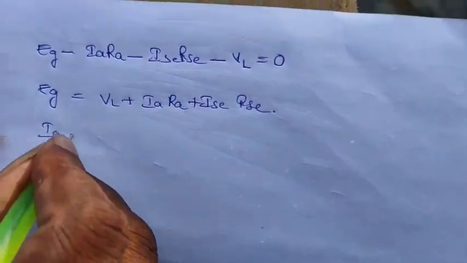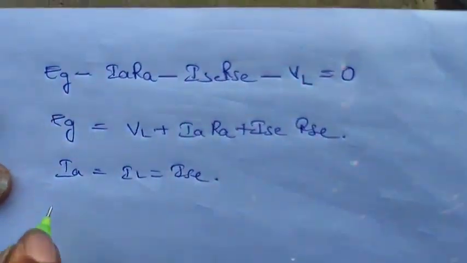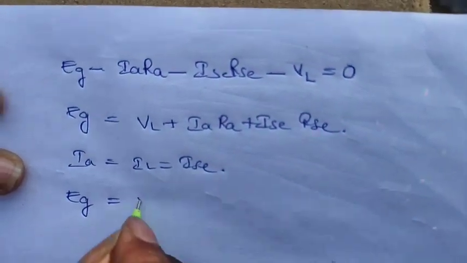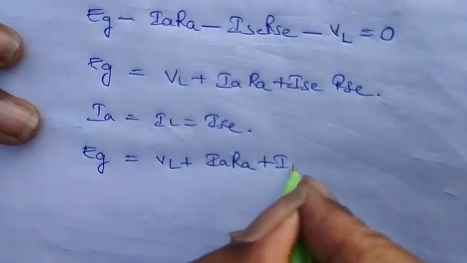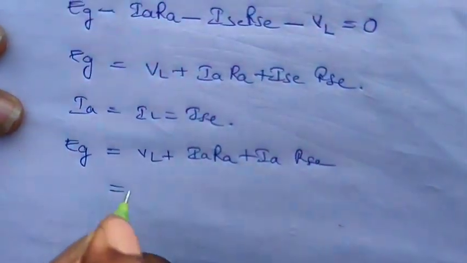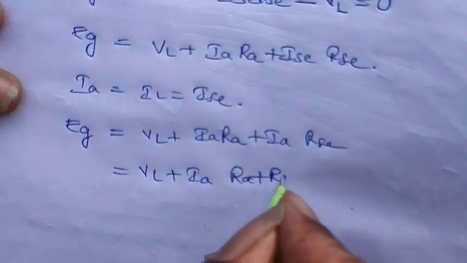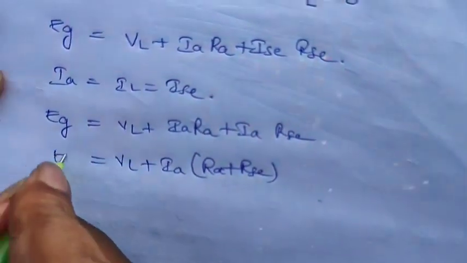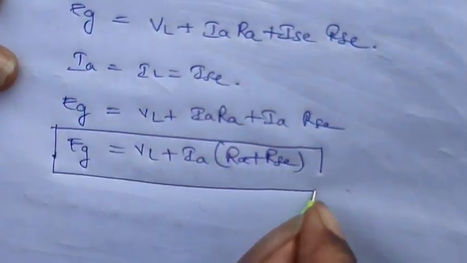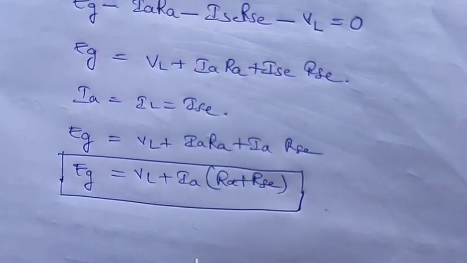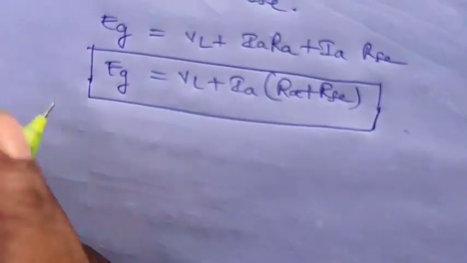Since IA equal to IL equal to ISC, EG equal to VL plus IA RA plus IA RSC, that is VL plus IA times RA plus RSC. This is the voltage equation for series generator.